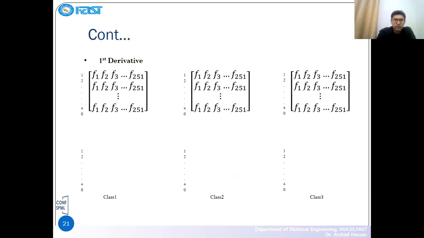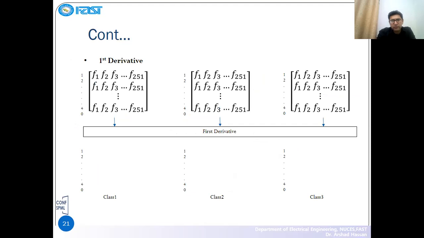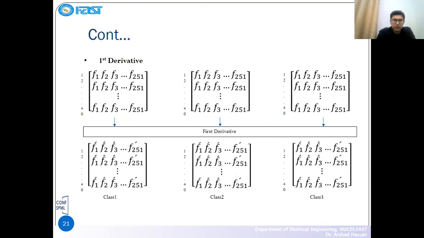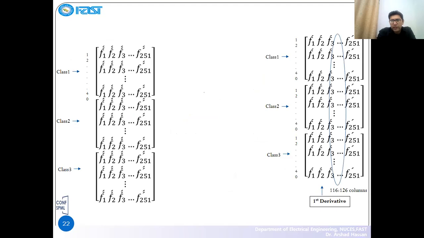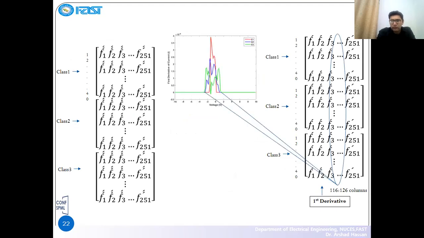So these are the vectors we have recorded, and then we have extracted some of the features. For example, we took the data and took the first derivative, like recording the slope of the data, which is another feature. And then we analyzed those features, for example from 116 to 126, first derivative and second derivative.